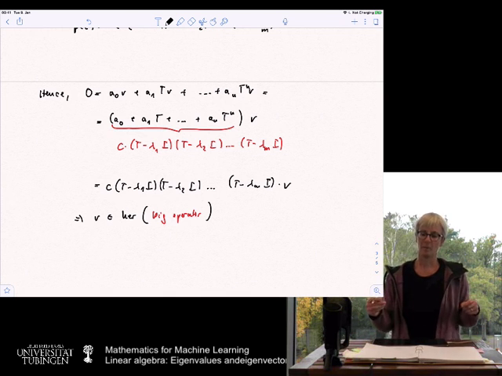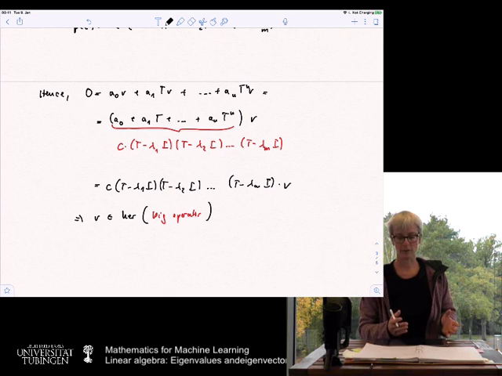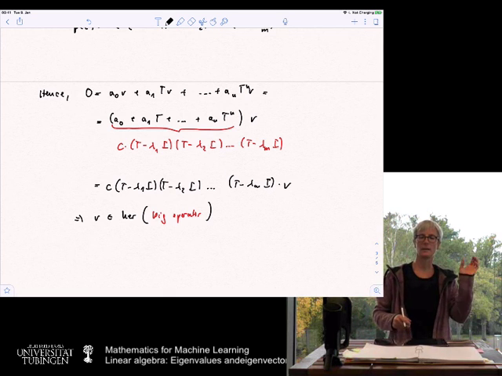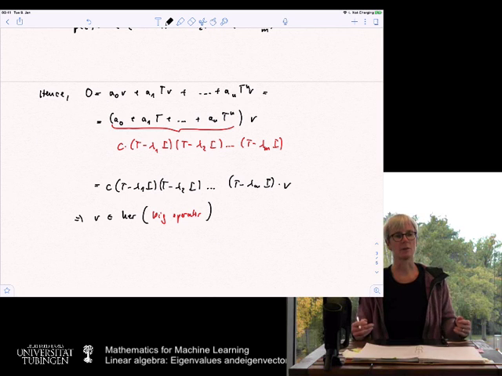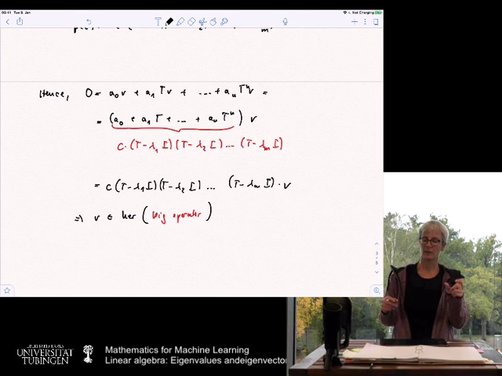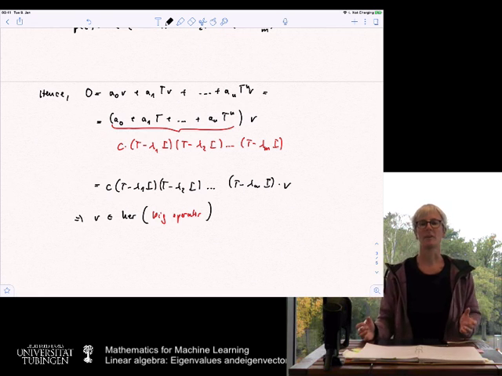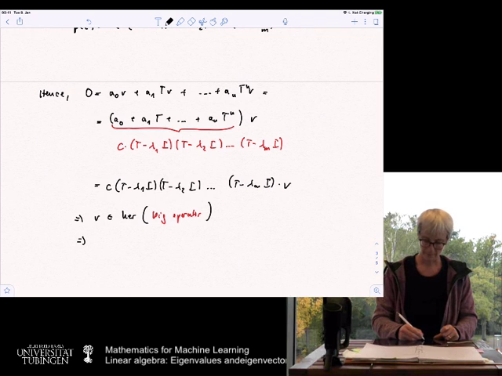Okay, and so what does it mean if v is in the kernel of this big operator? It means that we can now conclude that at least one of these factors, as operators, must be in such a way that it is not injective. I maybe write it down.